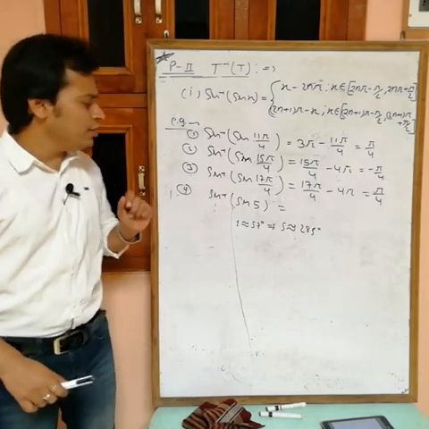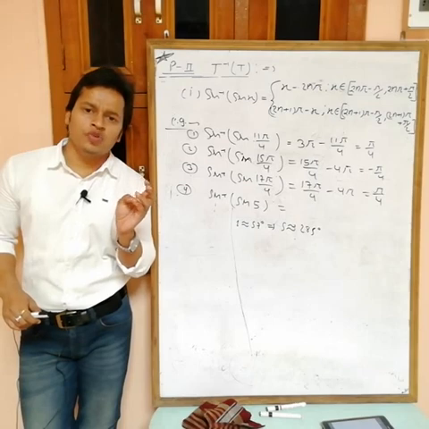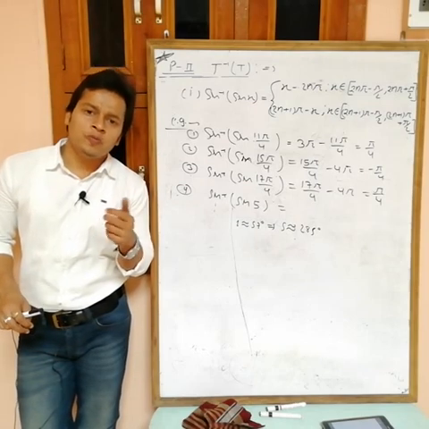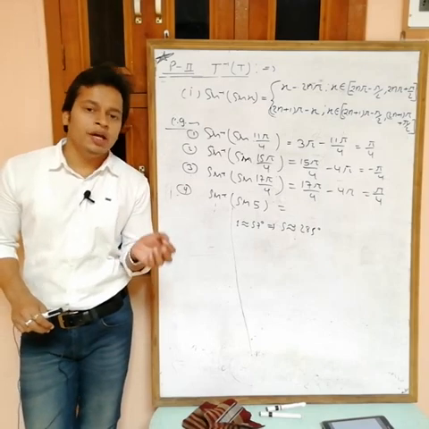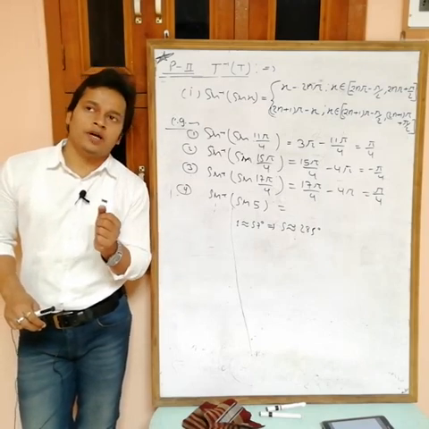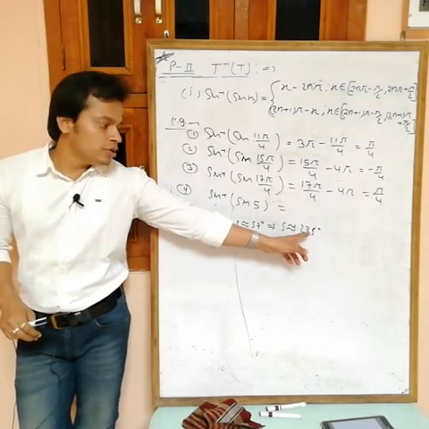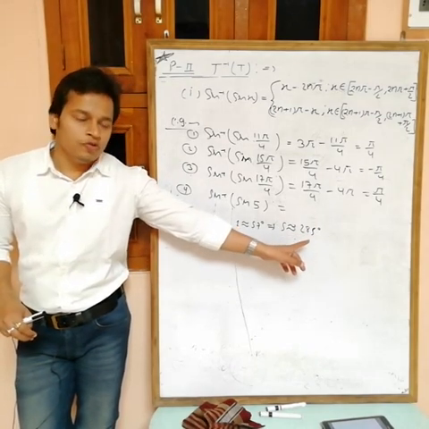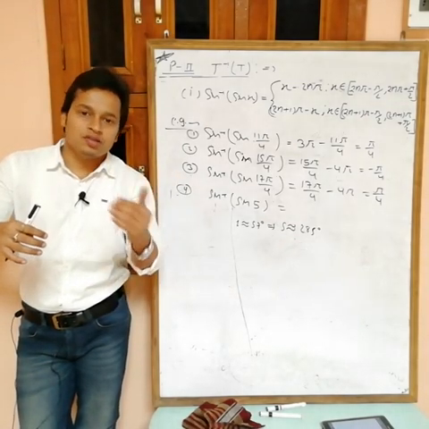Now identify whether this 285 degrees is near to pi or 2 pi. Pi is 180 and 2 pi is 360. Obviously, out of 180 and 360, this is near to 360: it is 180 plus 105, but 360 minus 75.